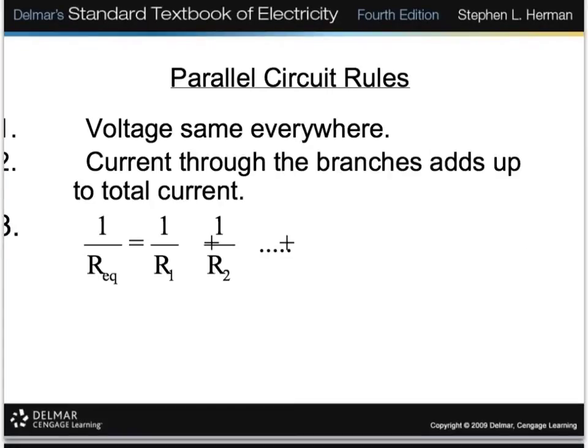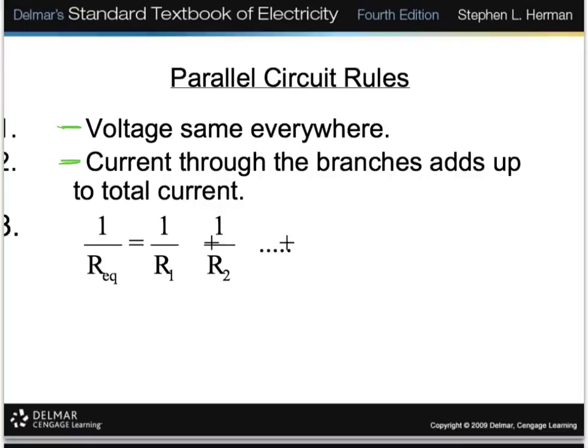In a parallel circuit, our voltage is the same everywhere, and the current through the branches add up. So if you look at the parallel versus the series circuit, these two ideas, voltage and current, are flip-flopped. In a series circuit, the voltages add up and the currents are the same. And then in a parallel circuit, the voltages are the same and the currents add up.